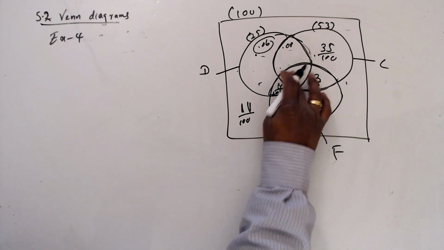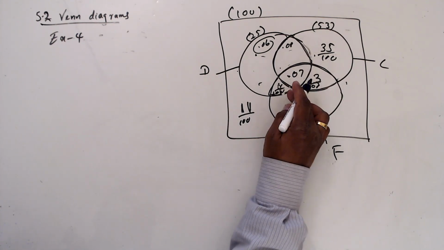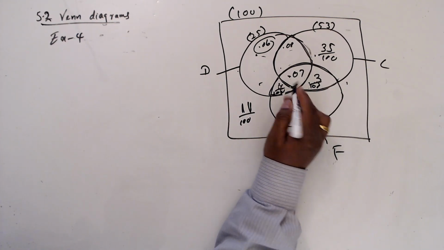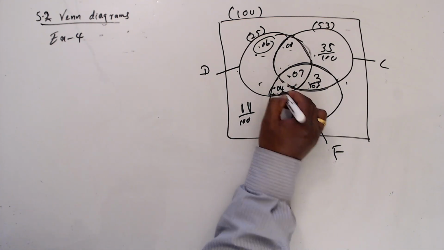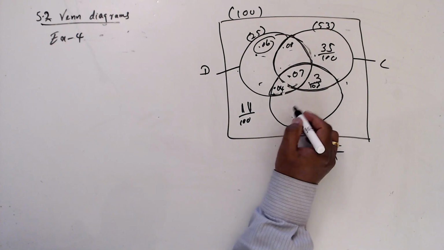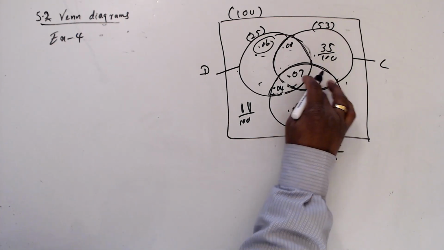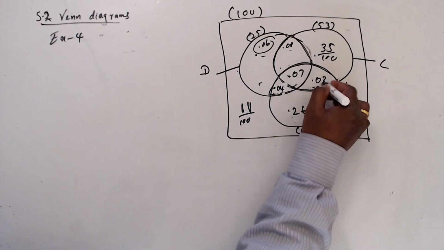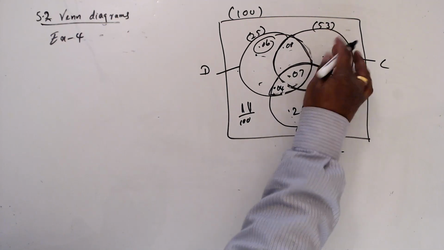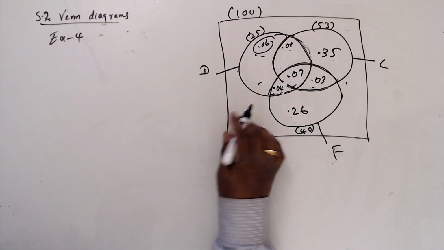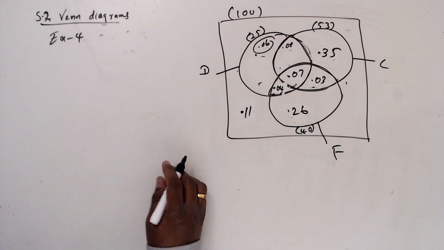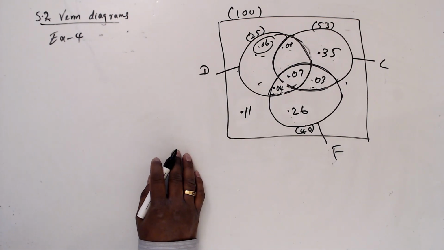This is 0.07. This is 0.04. This is 0.26. This is 0.03. It becomes probability now. 0.35. And this is 0.11. Now we can answer straight with the probability.